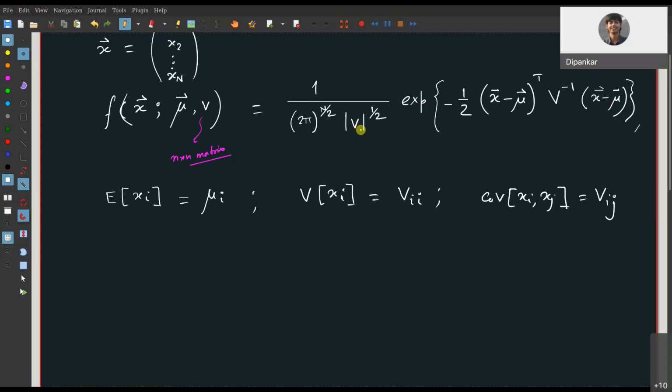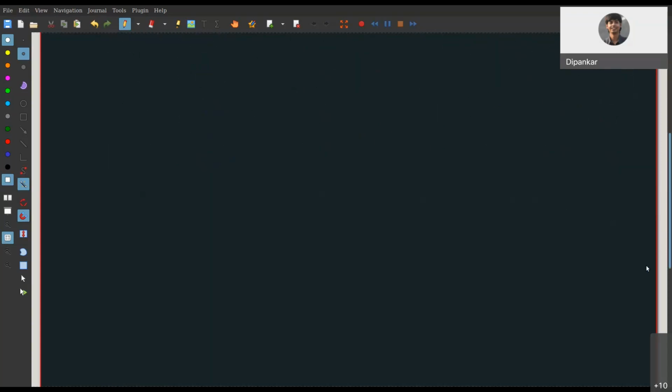Now to give you some more examples of other distributions, there are a couple of distributions that would be important in basically particle physics studies. So somebody mentioned the exponential distribution.